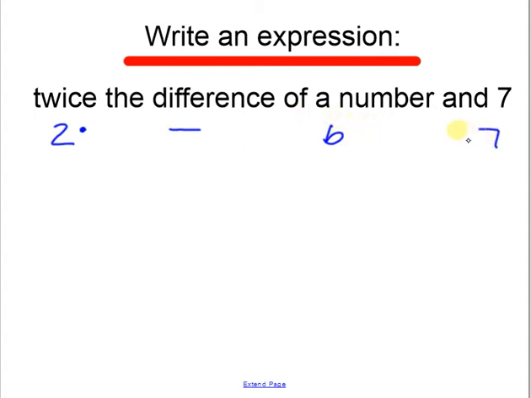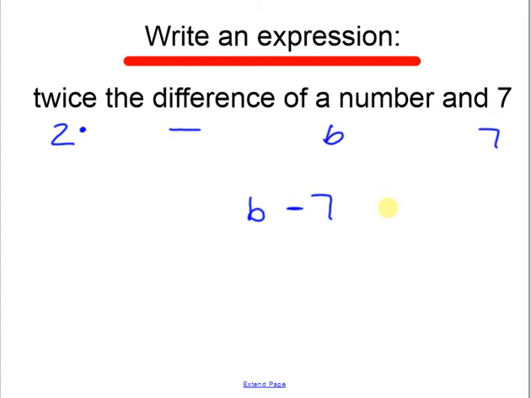So here's what I want to do. I want you to ignore this twice for a minute, okay? I want to just focus on the difference of a number and 7. So the difference of a number and 7 is going to be b minus 7. Okay, that's easy enough. Now I want to do that whole thing twice. Well, if I did times 2 over here, that would be wrong, because that would be 7 times 2, not b minus 7 times 2.